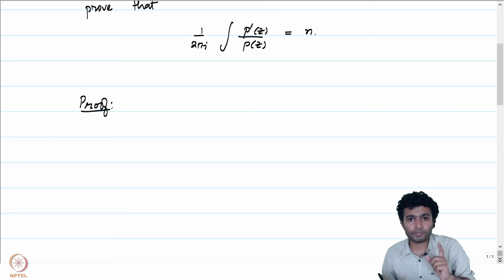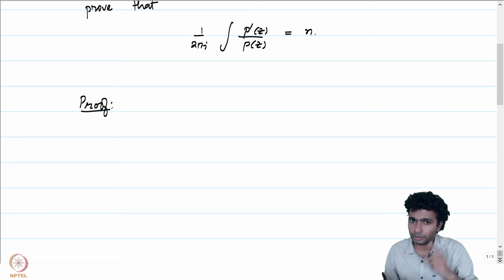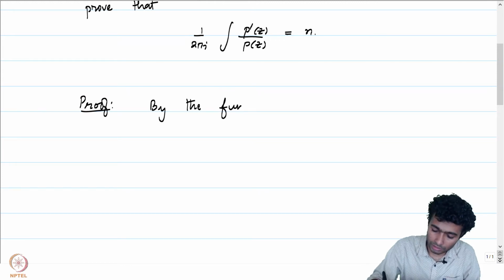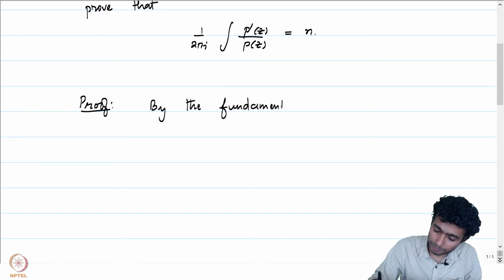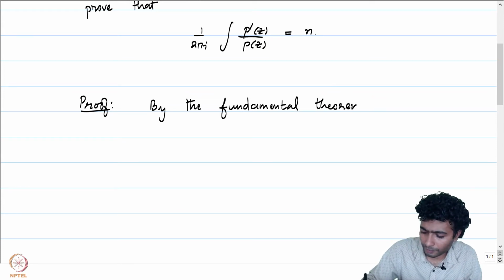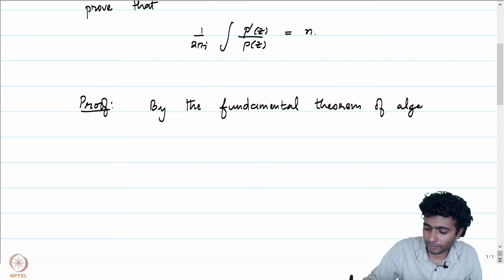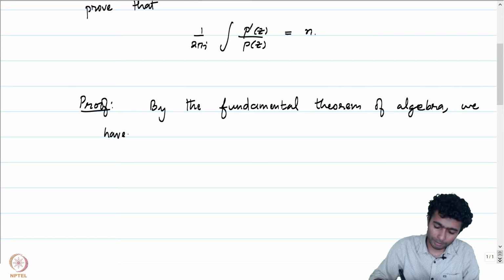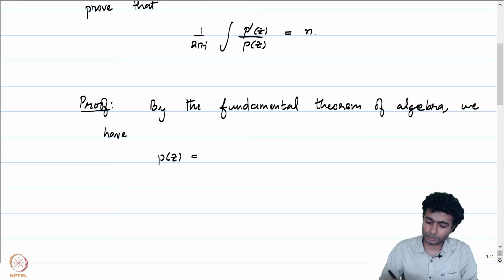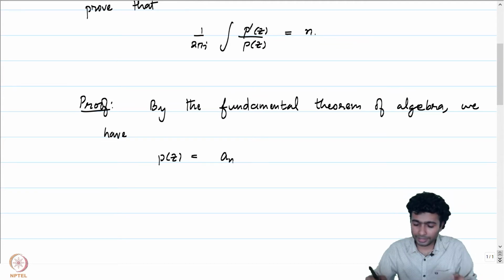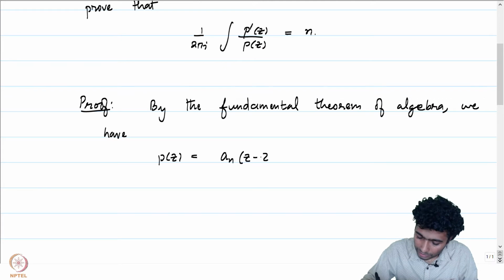By the fundamental theorem of algebra, which we have now proved in one of the earlier weeks, we know that our polynomial p splits. So we have p of z is equal to some constant a_n, that is the leading coefficient, by the way, times (z minus z1) up to (z minus zn).